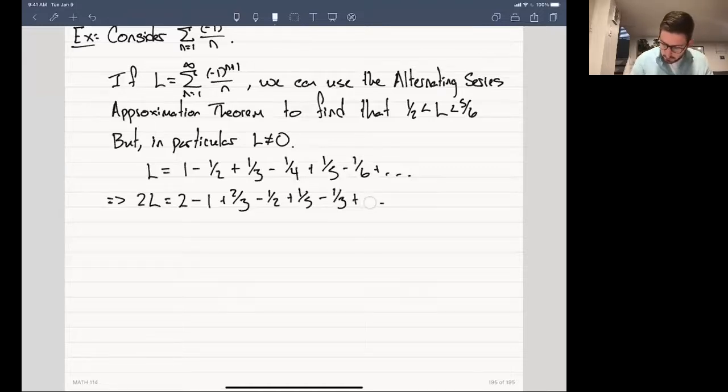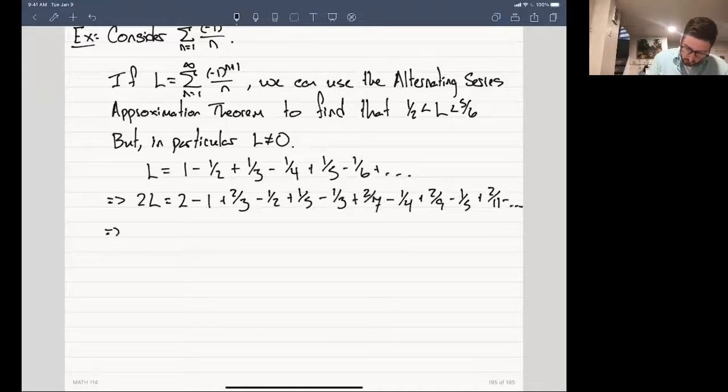Actually, let me put more terms in there just so I can really drive this home. 2/7 minus 1/4 plus 2/9 and minus 1/5 and plus 2/11. Okay, so I simplified all the fractions as I went. And let's see what we have now. Okay, so my rearrangement here gives me, I'm going to group some terms together.